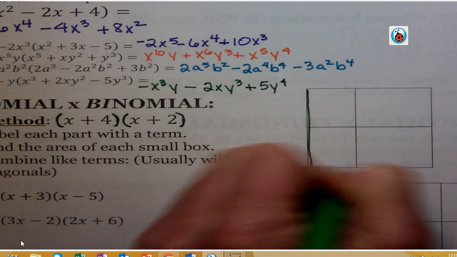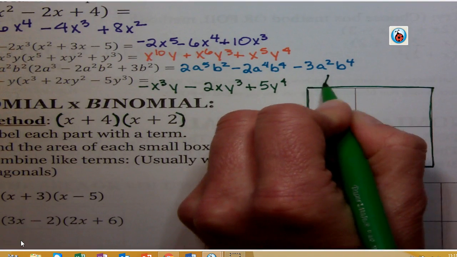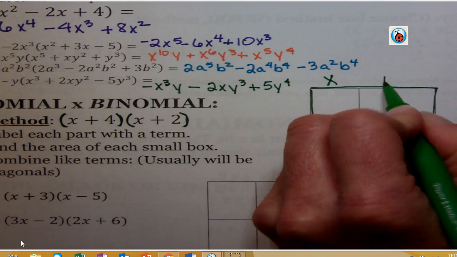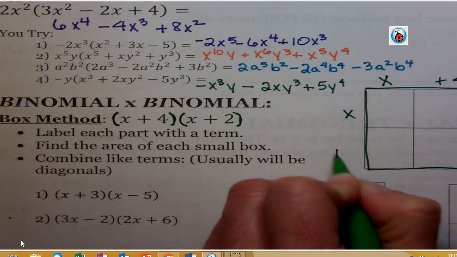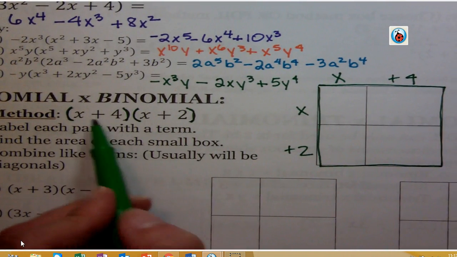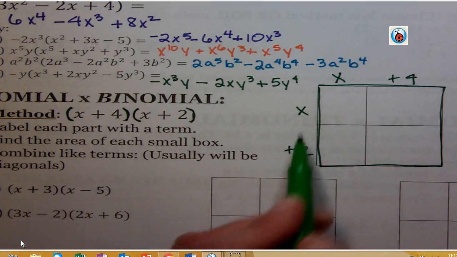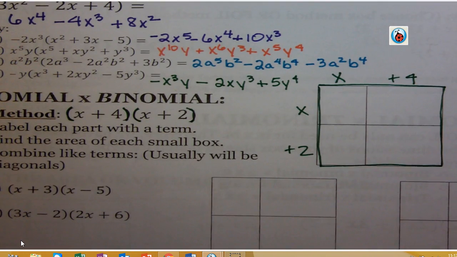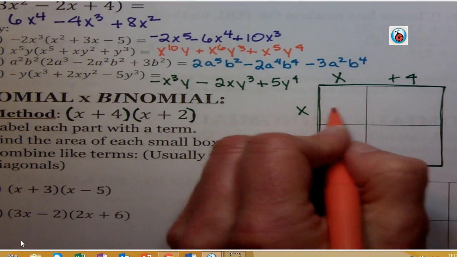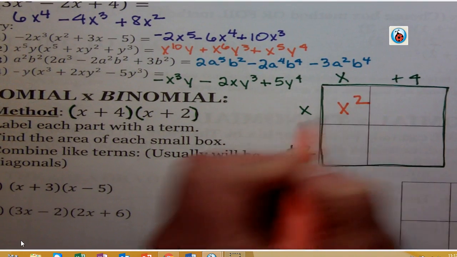We take a box, we label it. This is going to be x. This is plus 4. Then this would be x plus 2. So I've basically taken the binomial here and put it here, the binomial here and put it here. Okay? Then when I multiply, I'm going to multiply x times x and get x squared.